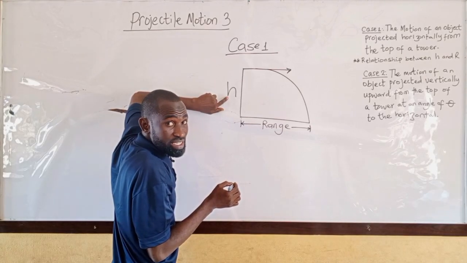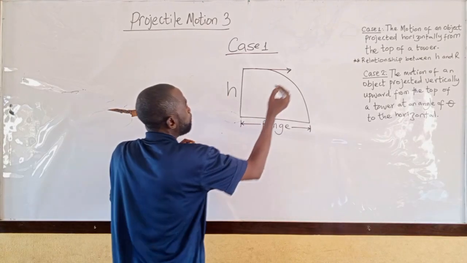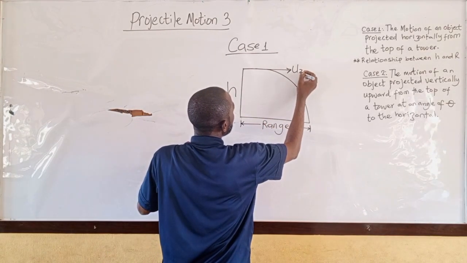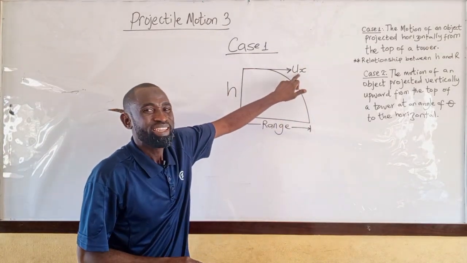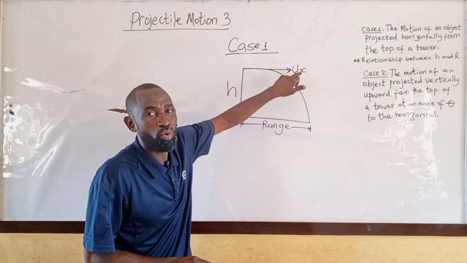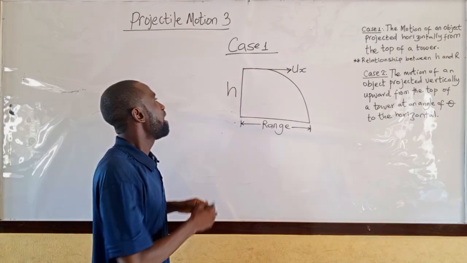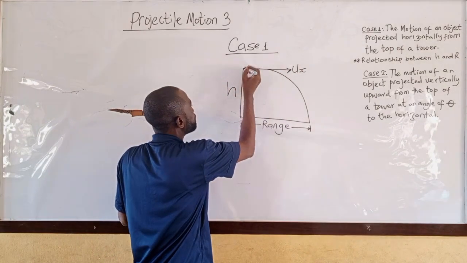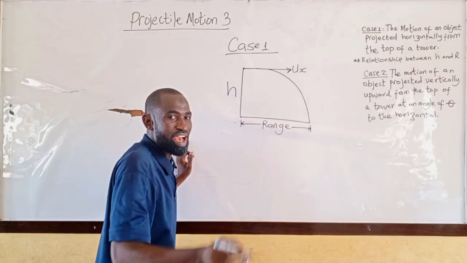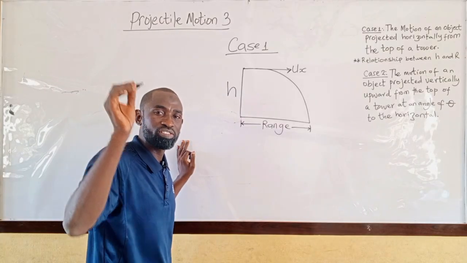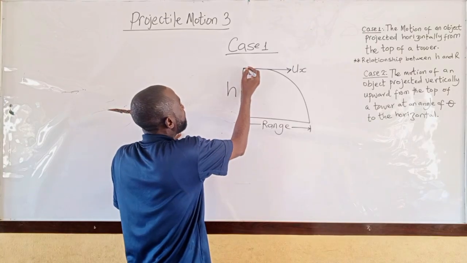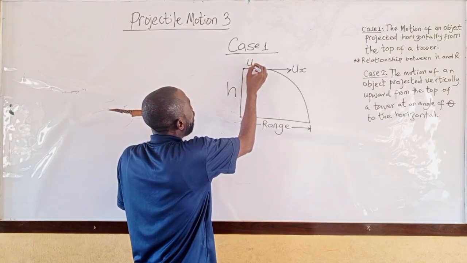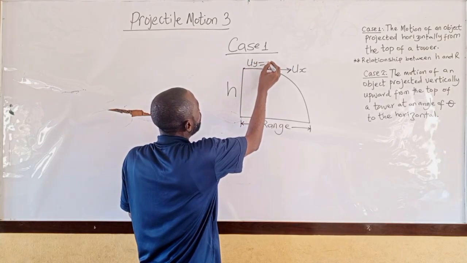And this point is our u of x, which is the initial horizontal velocity. At the point of projection, the vertical initial velocity is equal to 0, which implies that at the point of projection, our u of y equals 0.